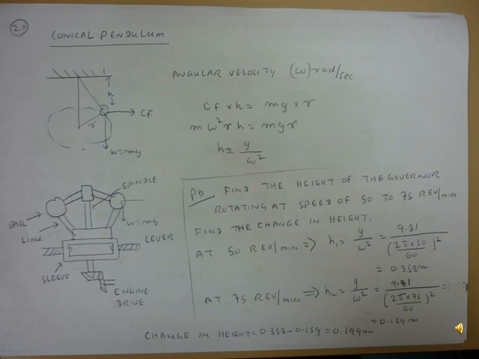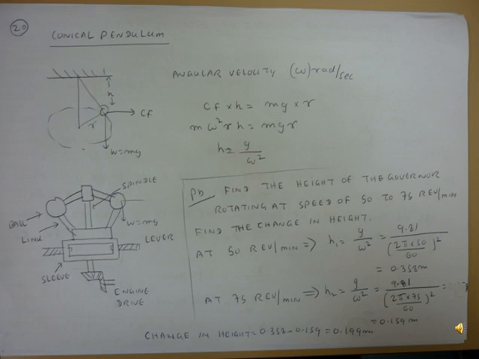We have to calculate the angular velocity omega in radians per second. We can write the equation: centrifugal force F multiplied by H equals mg multiplied by R. So m omega square R times H equals mg R, so that H equals g divided by omega square.